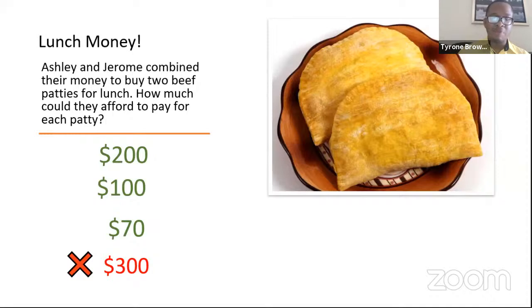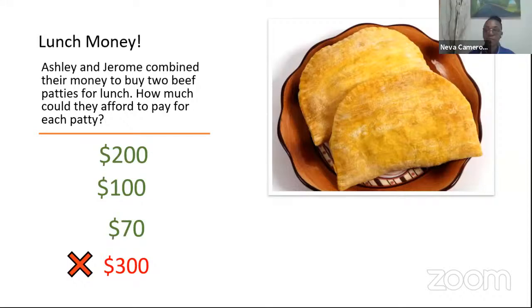Why couldn't it be 300 for each party? Feel free to raise your hand if you want to speak and open your mic. If they raise their hand, we will allow them to speak.